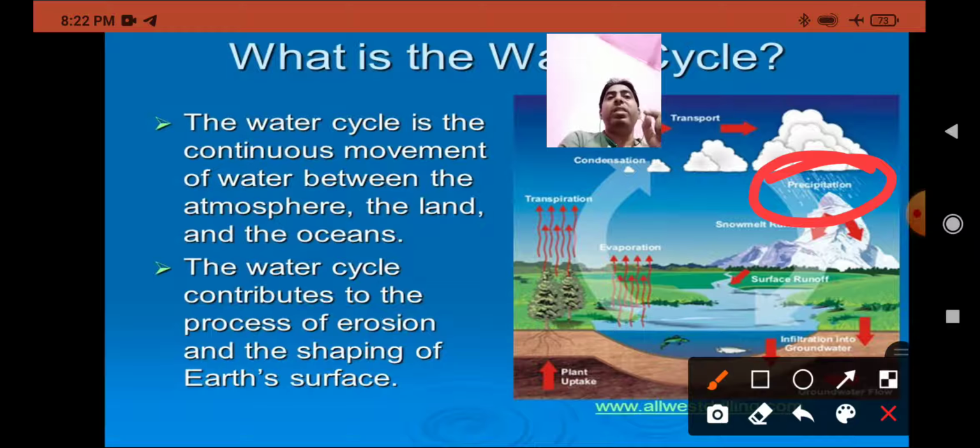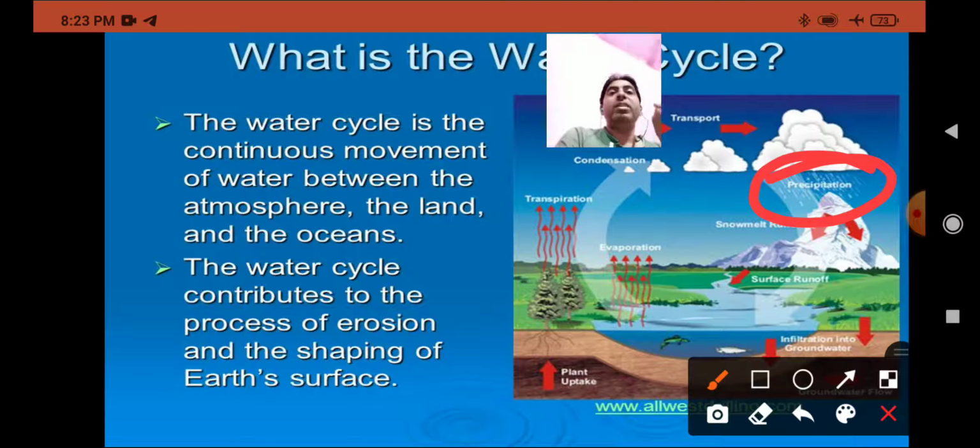However, if the temperature is very low, the water droplets freeze in the air and fall as hail or snow. This coming down of water in the form of rain, hail or snow is called precipitation.